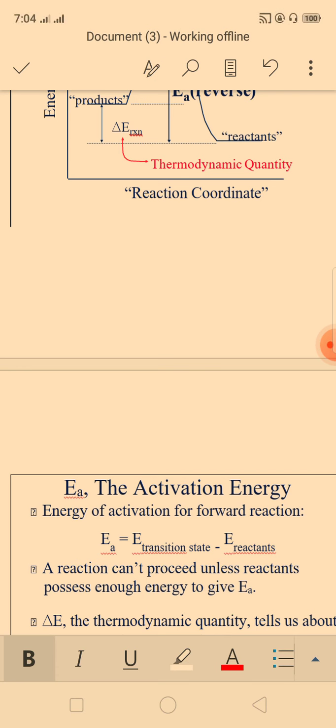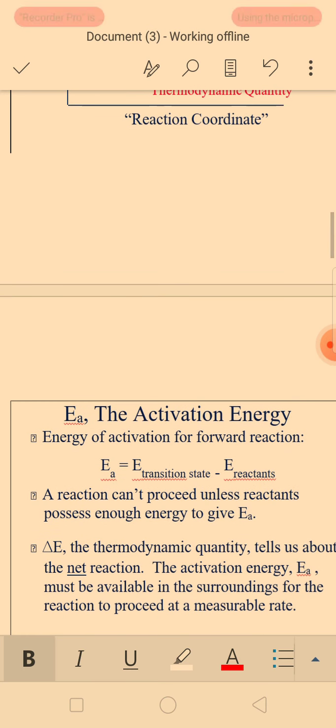Energy of activation in the forward reaction is equal to total energy in the transition state minus total energy of the reactant. When we subtract the energy of the reactant from the energy of the transition state, we get the energy of activation.